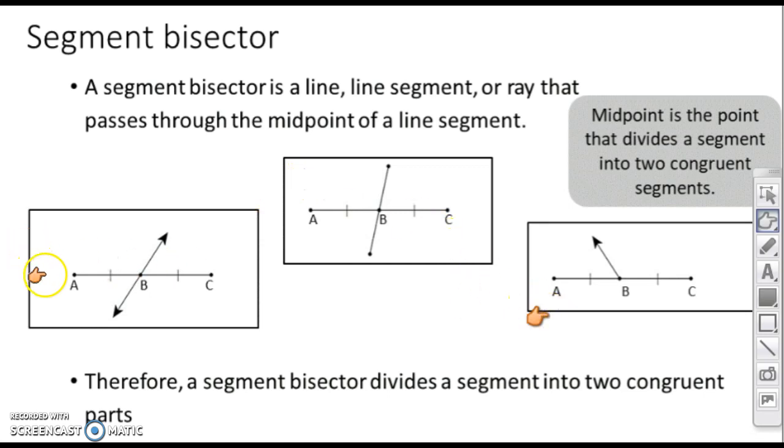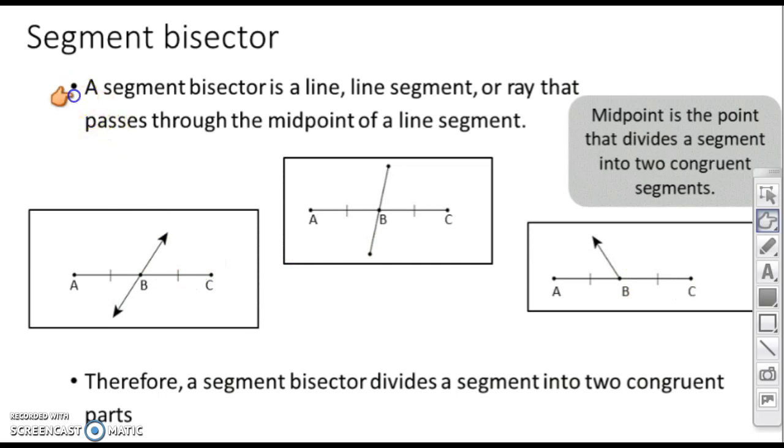In each example we have a segment AC, and for each one of these the point B is the midpoint. To remember from our previous lesson, the midpoint is the point that divides a segment into two congruent segments. So the midpoint is directly halfway between the two endpoints.